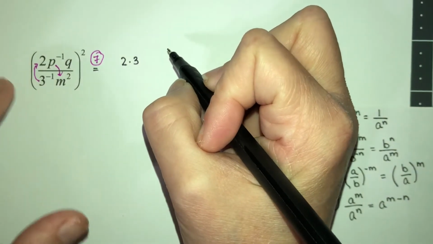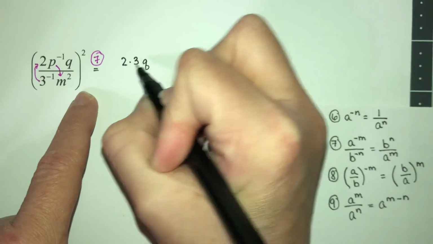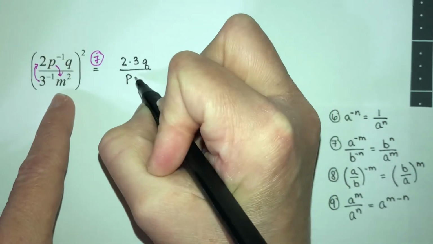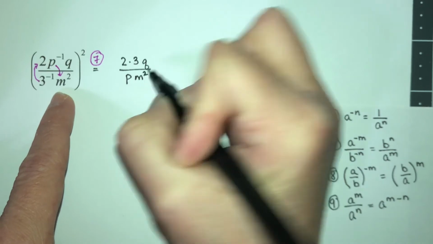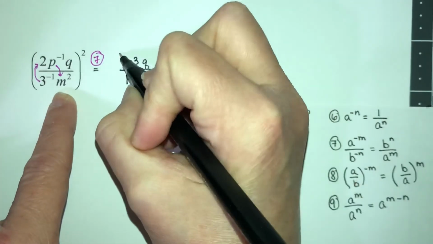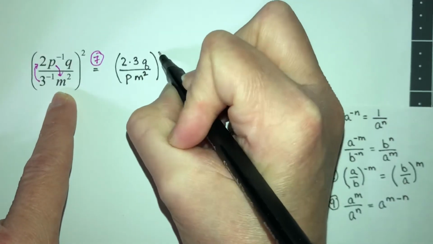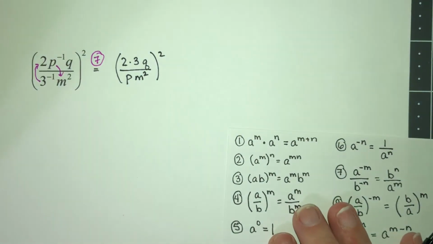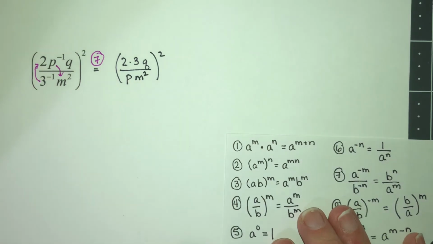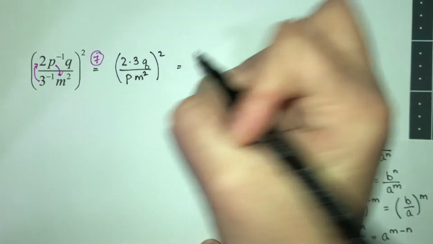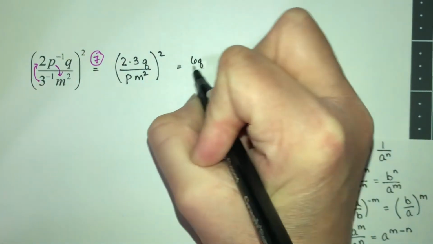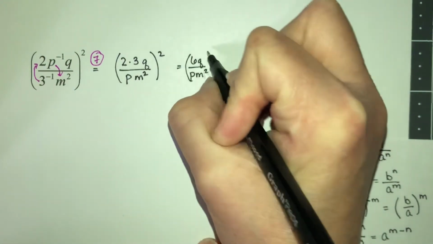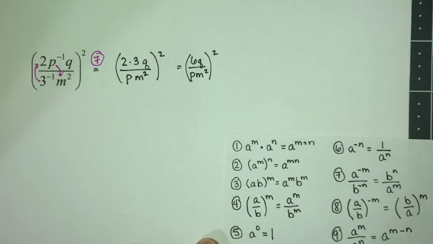That moved up. The 2's there, the 3 moved up, and I have a q over, now I have p to the understood first power. You can write the 1 if you need to, for pm squared, and this is all squared. Well, 2 times 3 is 6. Okay, so I have 6q over pm squared. That's just arithmetic.